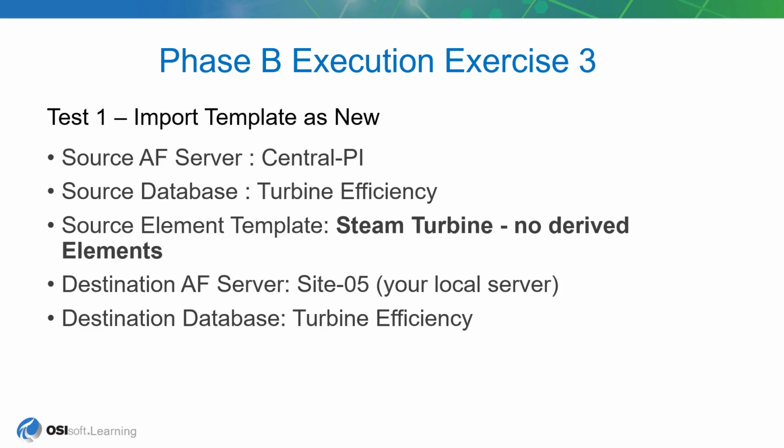You will select the source AF server and database as Central.py and turbine efficiency. Select destination server and database as Site05 and turbine efficiency. Then you will import the steam turbine node-derived elements from the source to the destination.